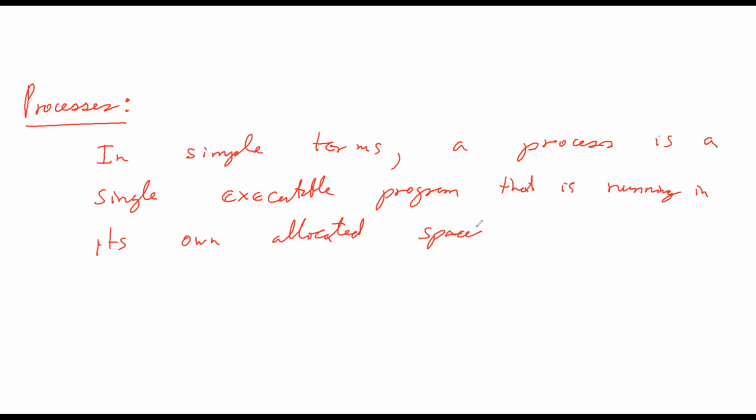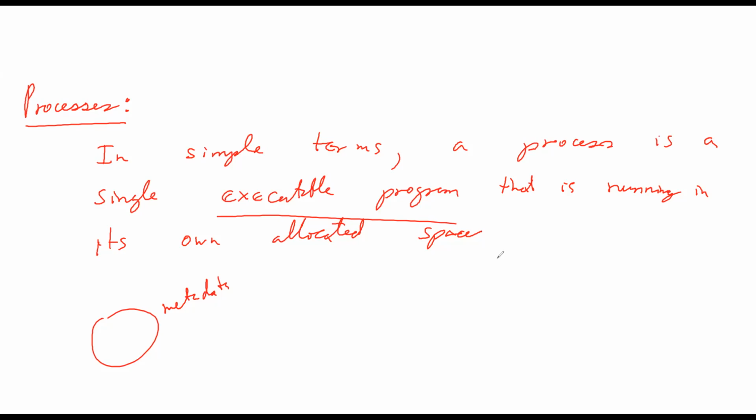It's got some metadata also. Think of it as some code that takes up some space in memory, and it's got some metadata as well, besides the work that it's doing, that defines things about it, related to access control and permissions and IDs. Who is running it is actually really important. So in simple terms, a process is a single executable program that is running in its own allocated space.